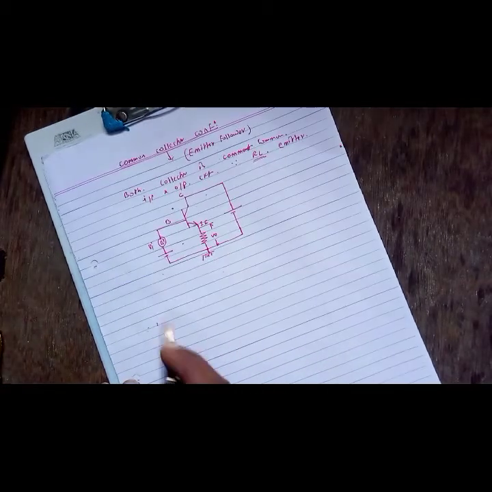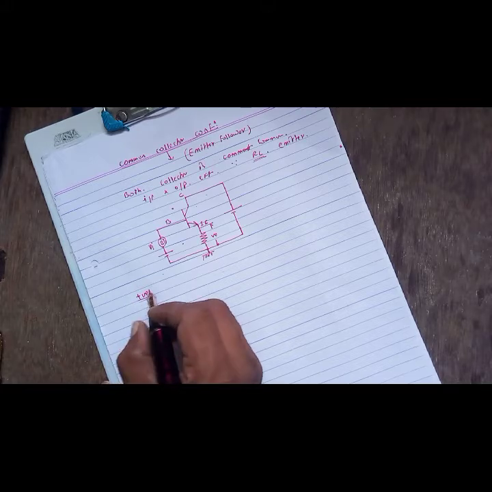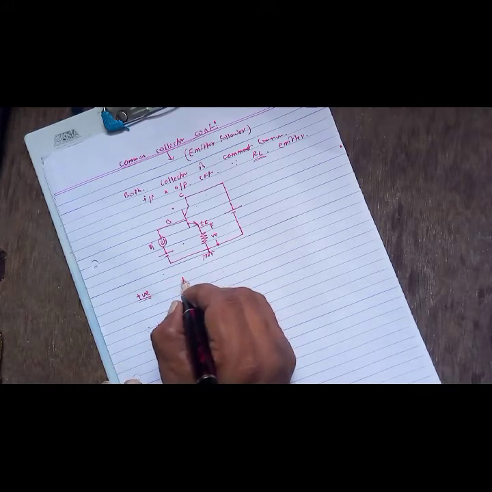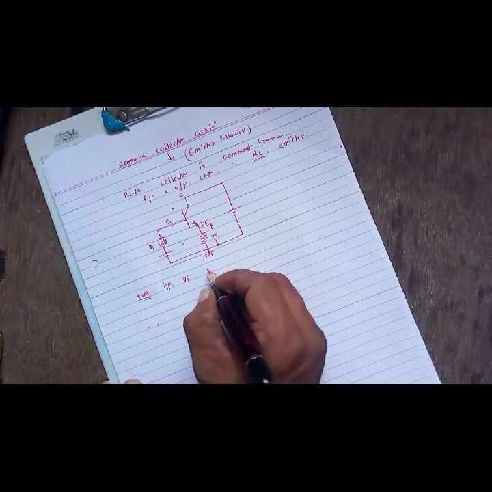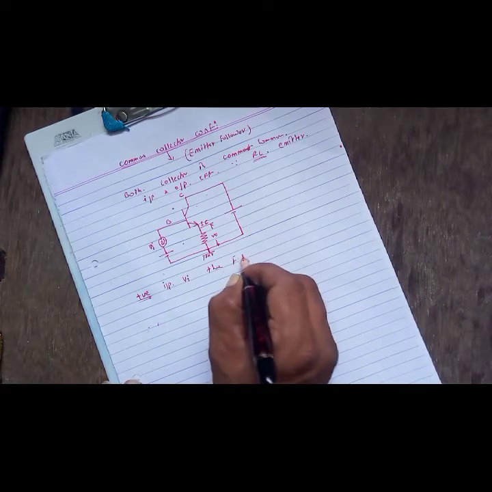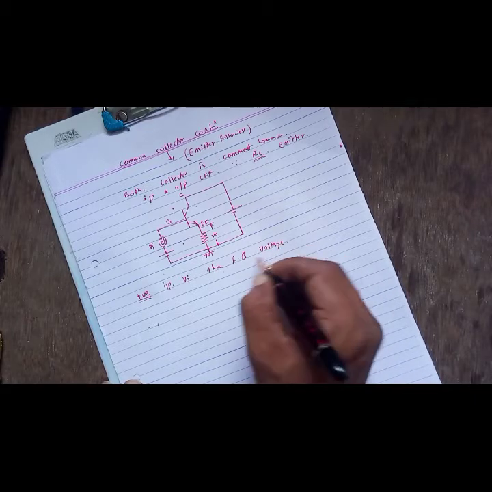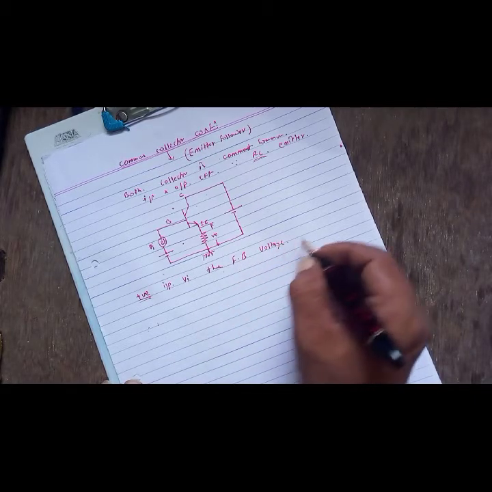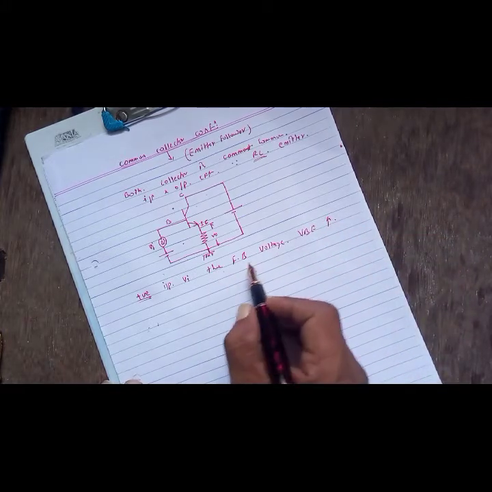Okay students, now for the positive half cycle, the input we are applying, that is Vi, the forward bias voltage VBE, will increase.